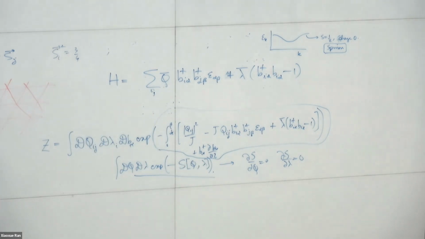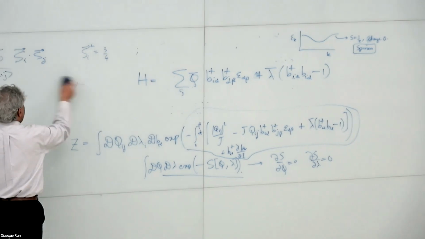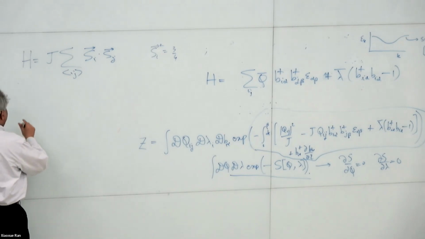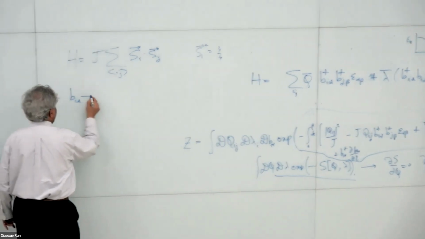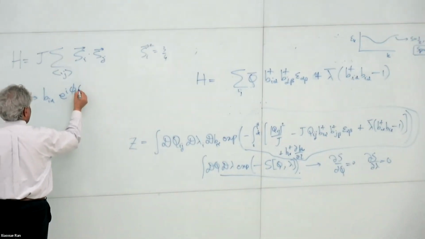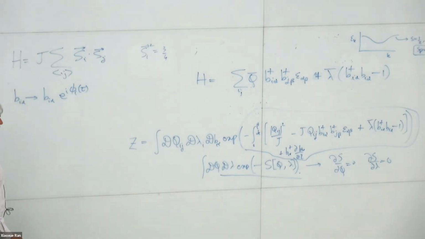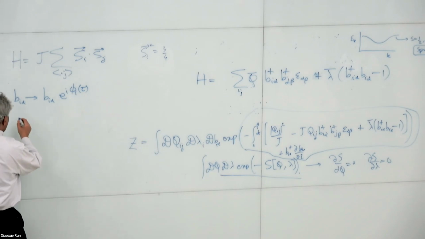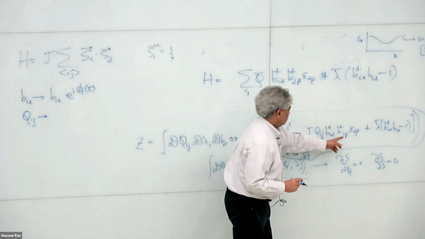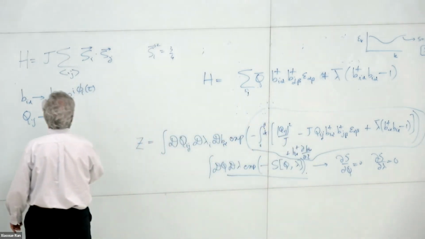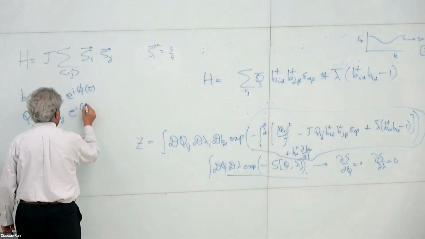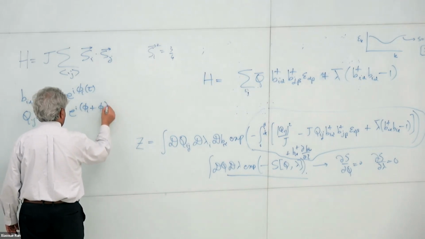Well, you can check that if I make the following transformation, I take b_i alpha and I multiply it by e to the i phi_i of tau, any arbitrary function of tau and position. And then I take Qij and I multiply it by, to make this invariant, you can see what you have to do, Qij e to the i (phi_i plus phi_j) of tau.